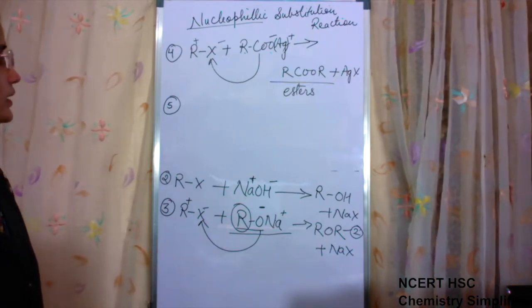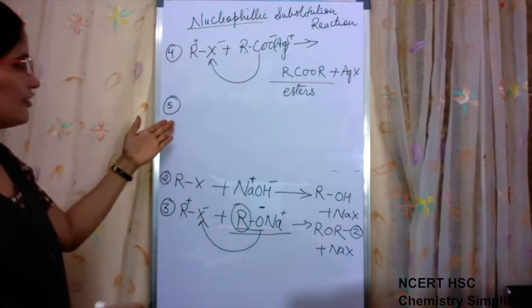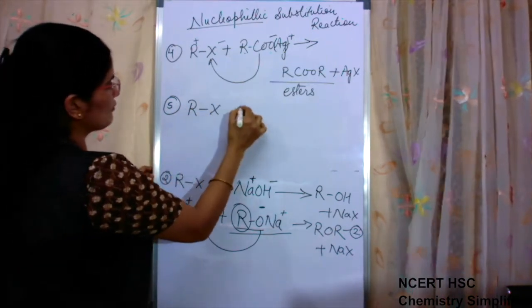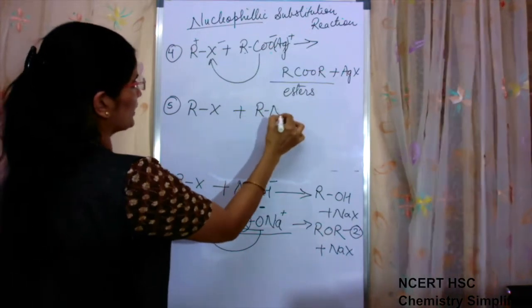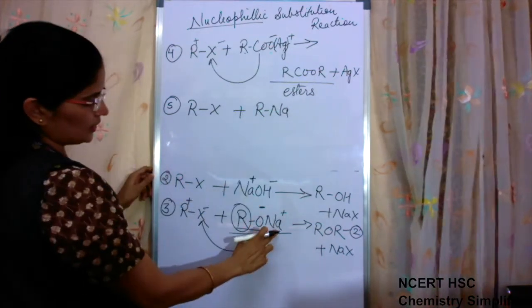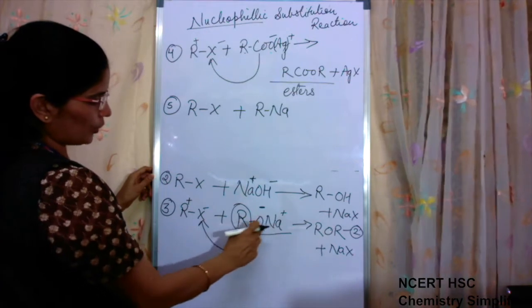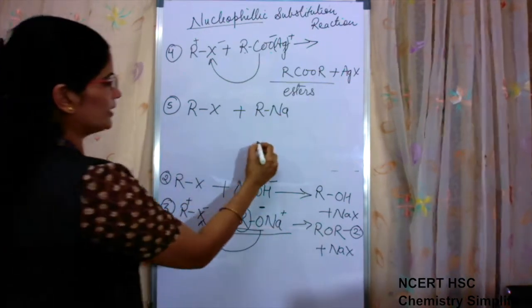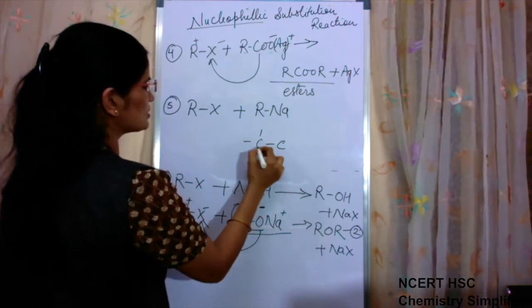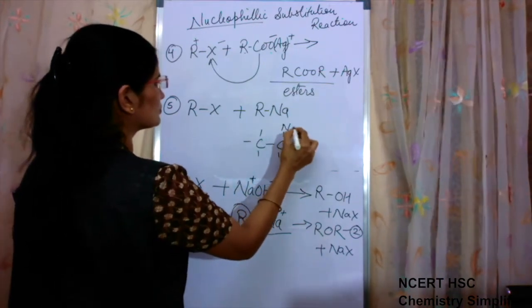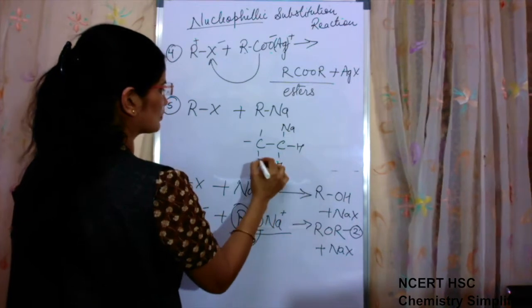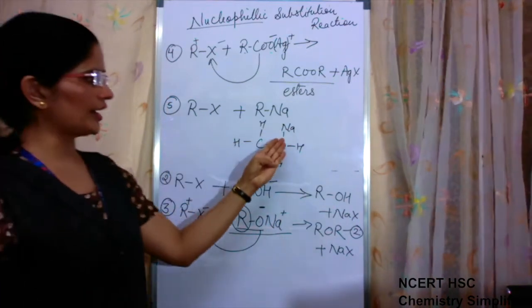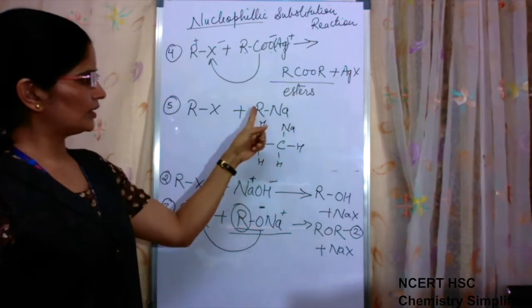Yes, ma'am. Okay. So, fifth reaction, alkyl halides if they react with RNa. See here, here I had used RONa, here I am simply using RNa. It means in any alkyl group, suppose sodium substitutes one of the hydrogens, then it is RNa.